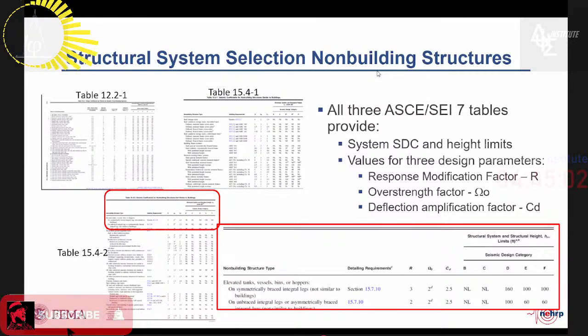Generally, the R, C sub D, and omega 0 values for non-building structures are less restrictive than those shown in Table 12.2-1. First of all, because industrial types of structures have proven themselves better able to resist earthquake response than building structures for a number of reasons, and also because there are typically fewer people at risk if those structures fail.